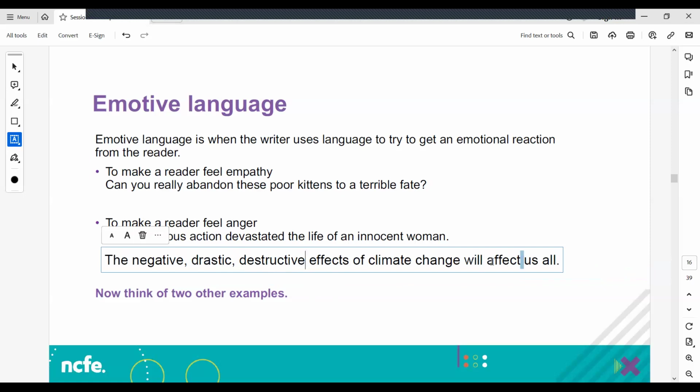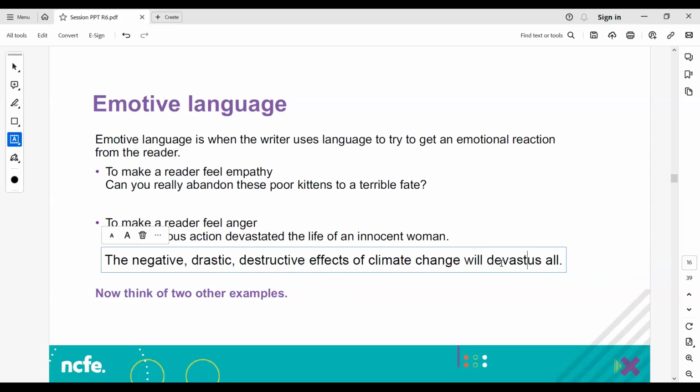Instead of affect, we could have something like devastate, if I can spell it correctly. Devastate us all.